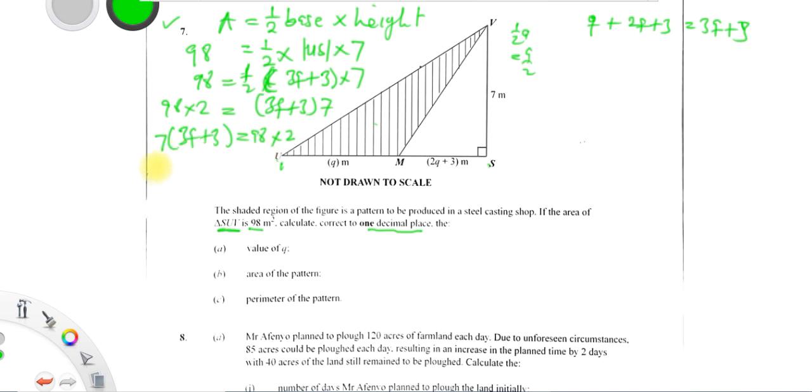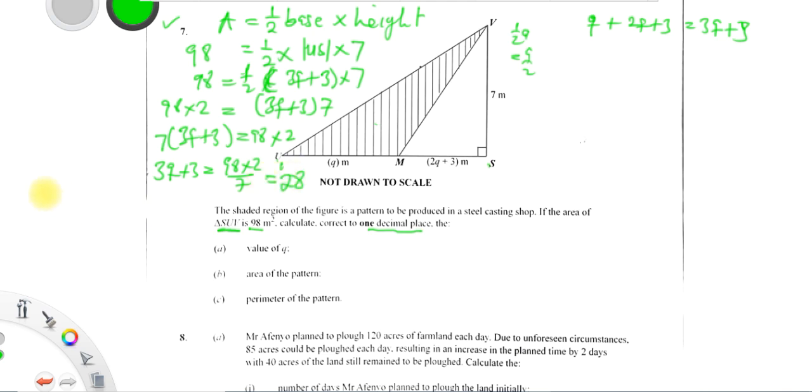So we have 3Q plus 3 is equal to 98 times 2 all over 7. 98 times 2 divided by 7 gives 28.